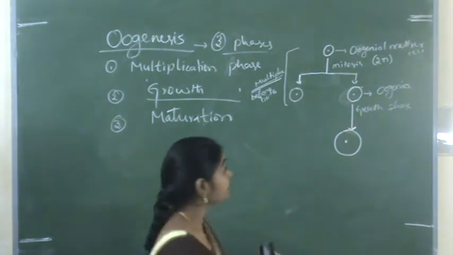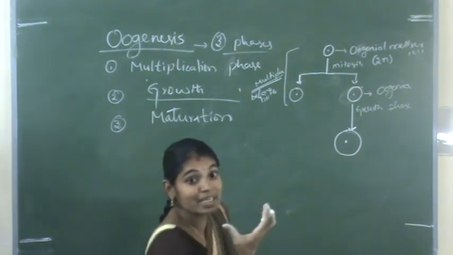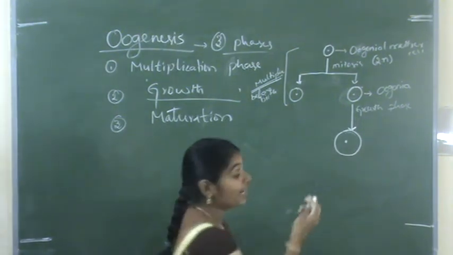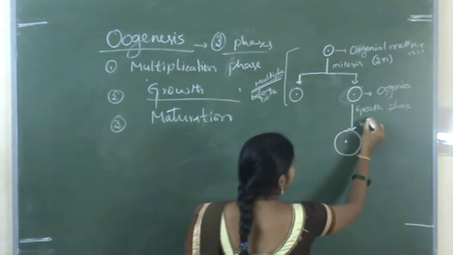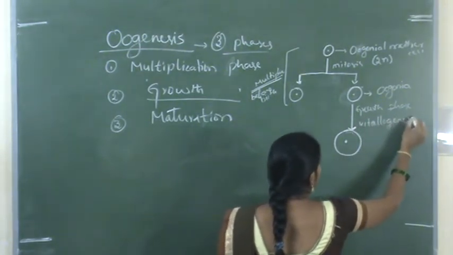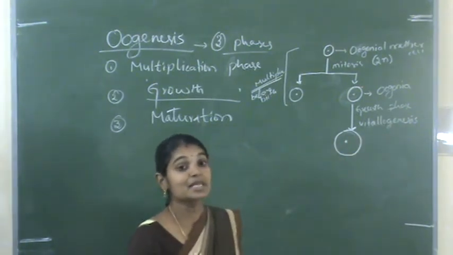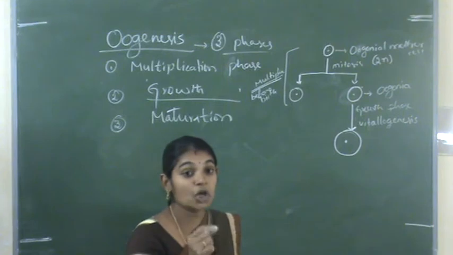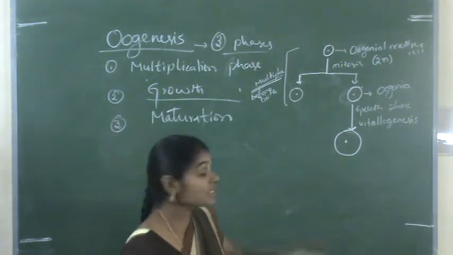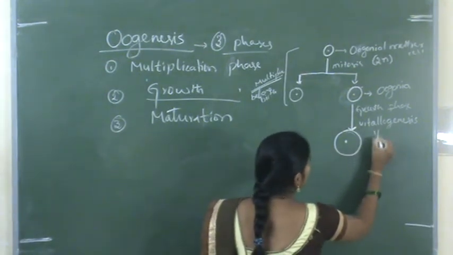And here the size of the cell increases due to vitellogenesis, and we have to remember this. What does vitellogenesis mean? The formation of yolk. That process is known as vitellogenesis.